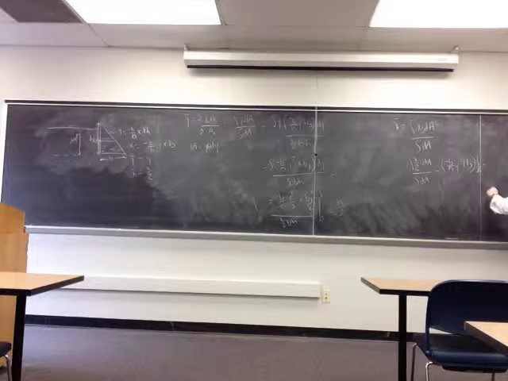Times x over 2 dA times y of x. Is that right? Y squared. All right. dA is equal to y of x, which is minus b over h y plus b dy.